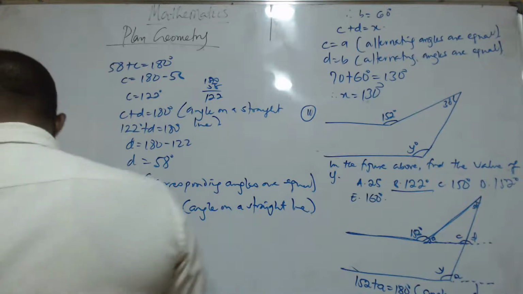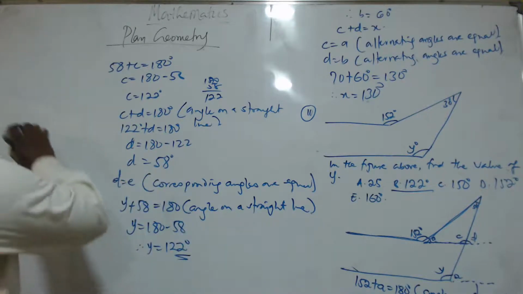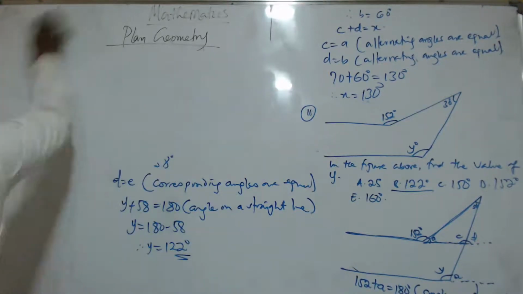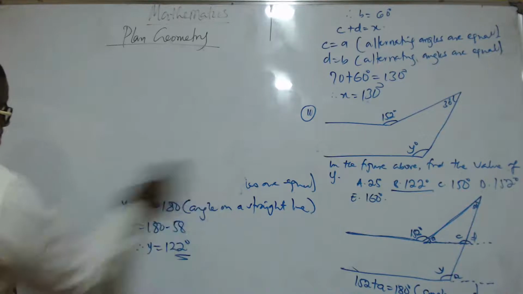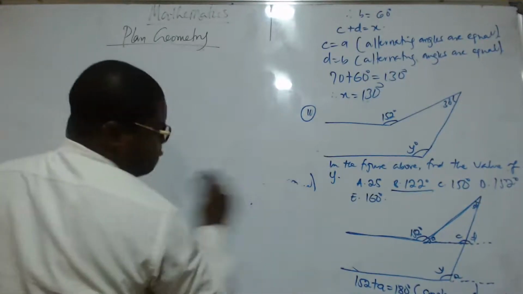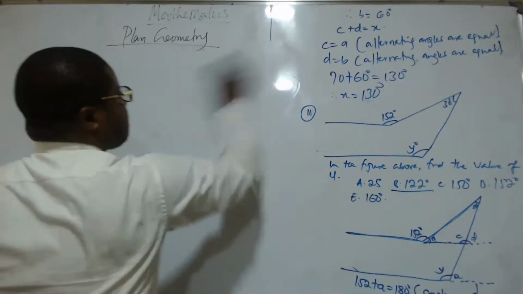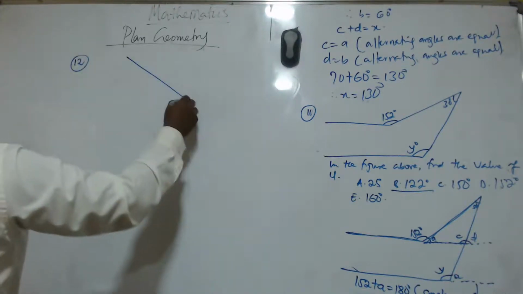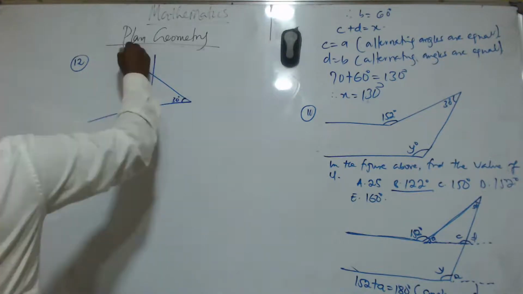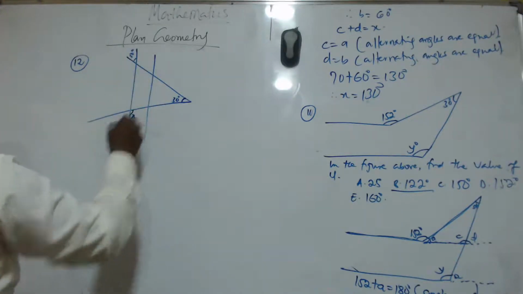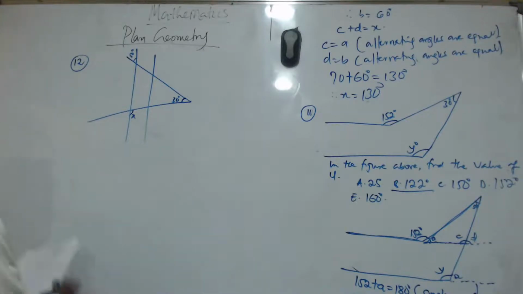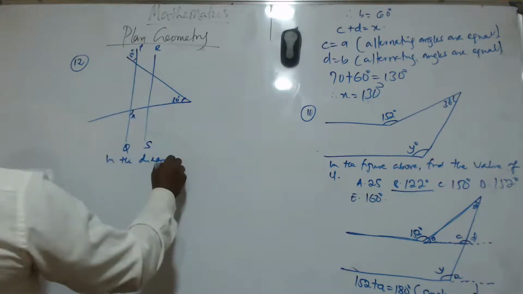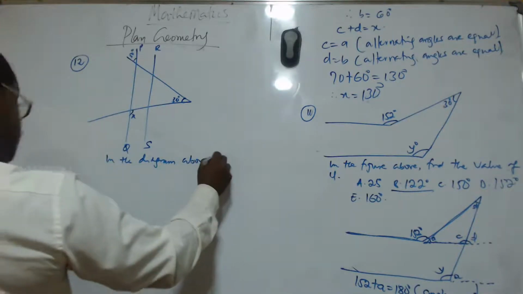Now let's see. The next one says, you have P, you have R above.